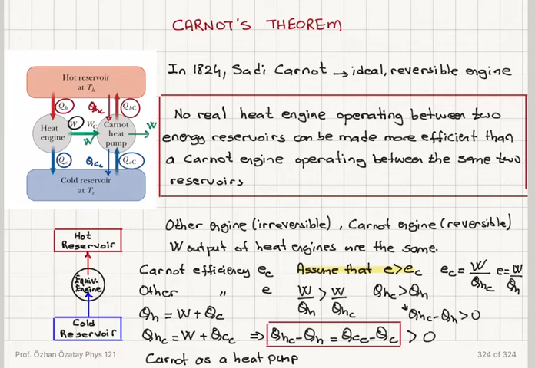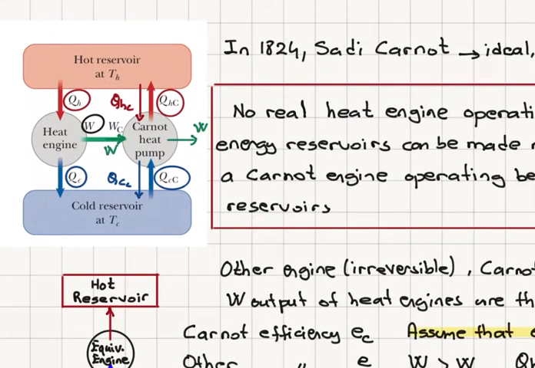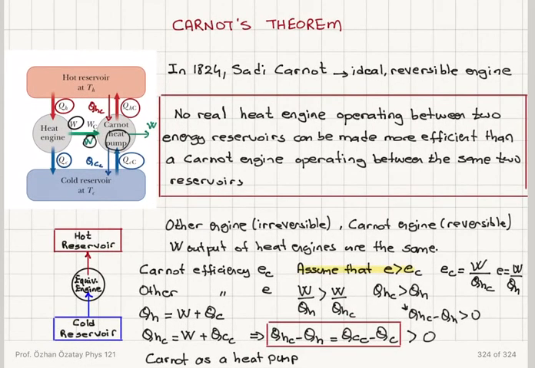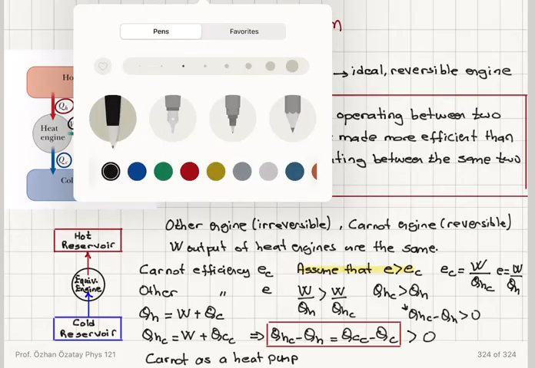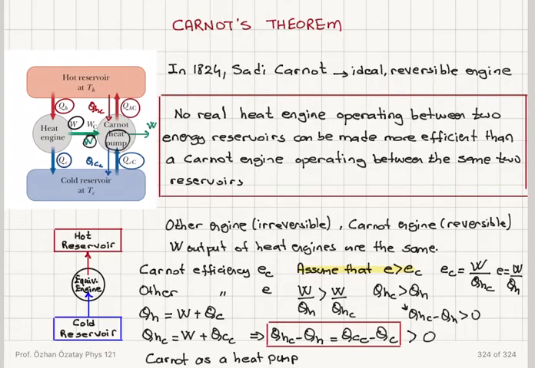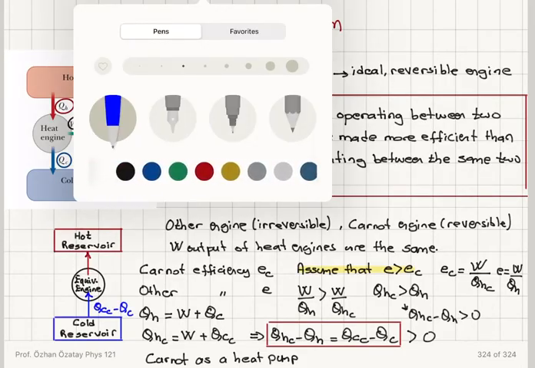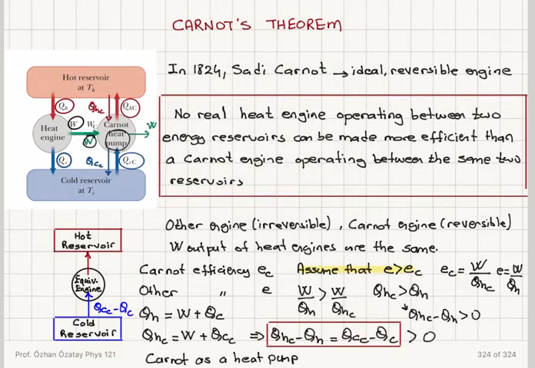Since QCC minus QC is a positive quantity, I can replace this set of two engines, the heat engine providing work W to the Carnot heat pump, with an equivalent engine, such that the total amount of heat this engine is absorbing from the cold reservoir is QCC minus QC, and the total amount of heat this engine is providing to the hot reservoir is QHC minus QH, and they are both positive.